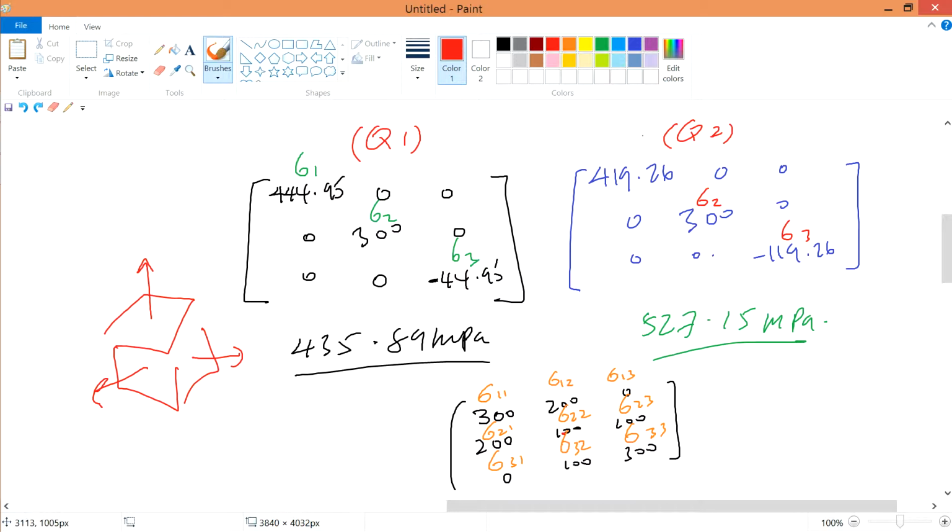But once you remove one of the normal stresses, once you remove this as 0, the rest of the stresses, like sigma 1, 2, sigma 2, 1 and so on, the shear stresses actually try to deform your element in this direction.